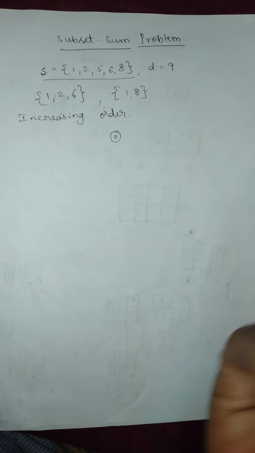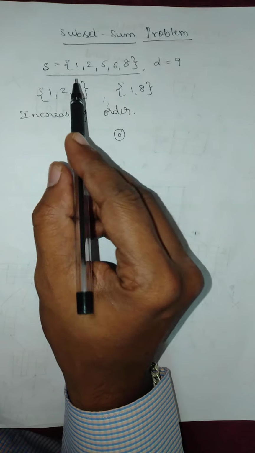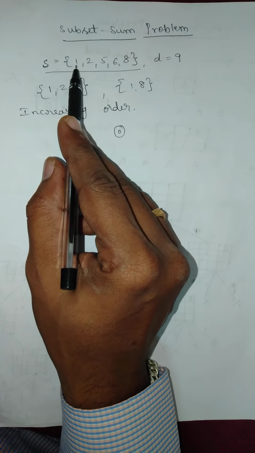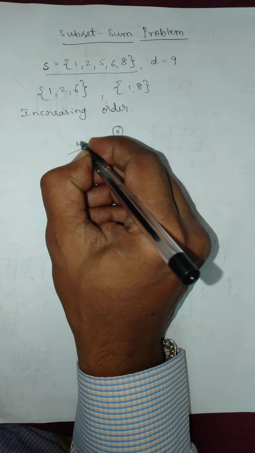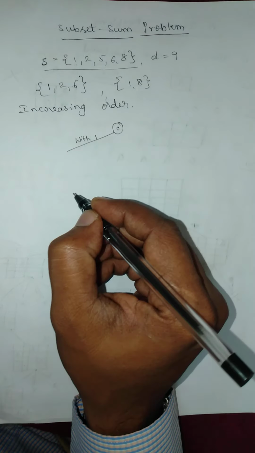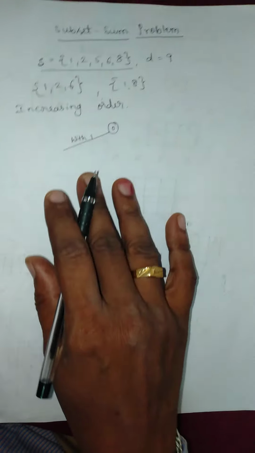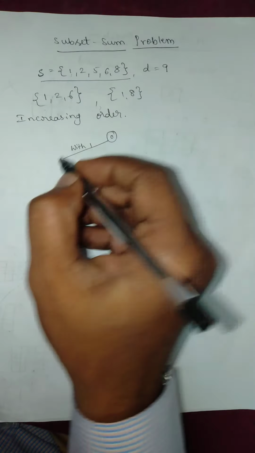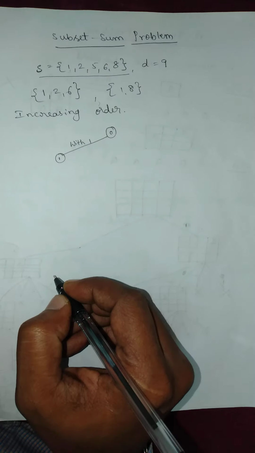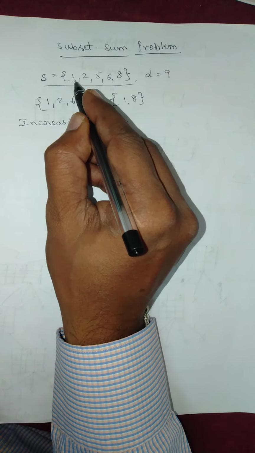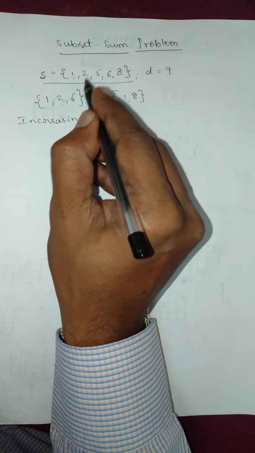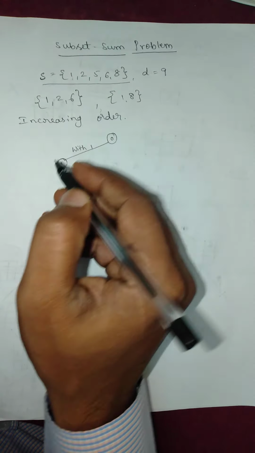Initially I say that the sum is 0, and the first element is 1. By including 1, what will be my sum? If I include only 1, the sum will be only 1, correct? Once I include 1, next I should include 2 for the sum recursively.